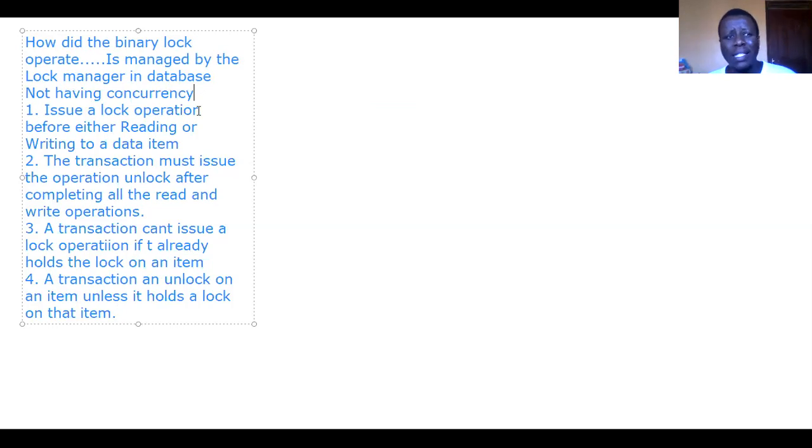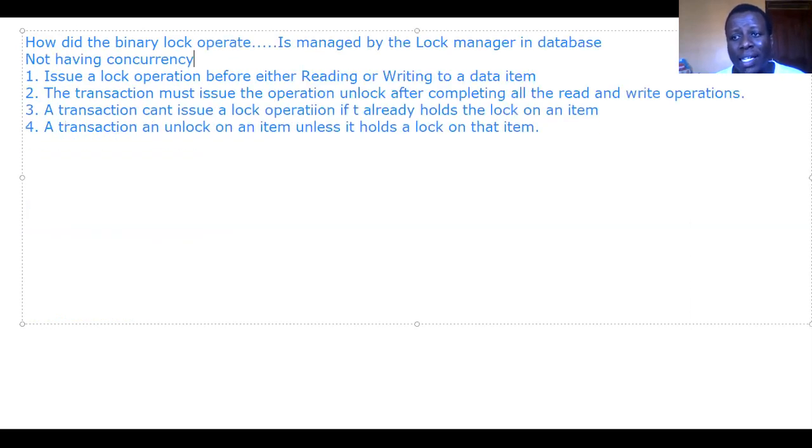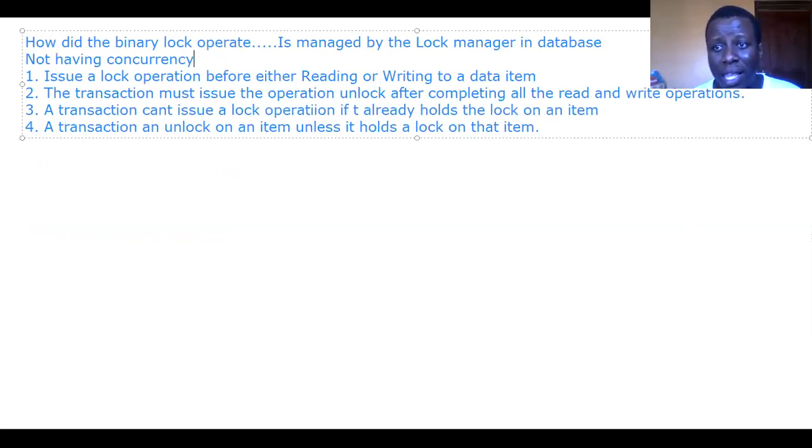If I'm either reading or writing, you are giving me the lock to everything. There will be no way that the database management system is able to implement concurrency control.